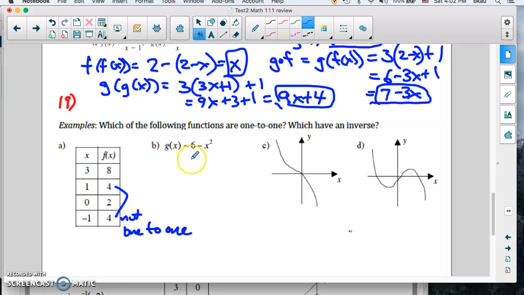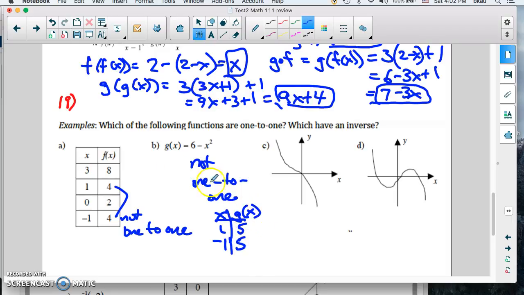And this one would also be not 1-to-1, because if we were to put into the function 1 and a negative 1, we'll get the same g of x value out. If we put 1 in there, we get 5. If we put negative 1 in there, we get 5.